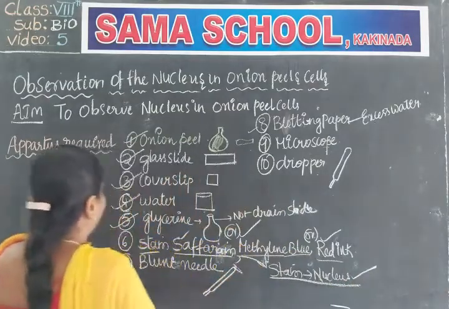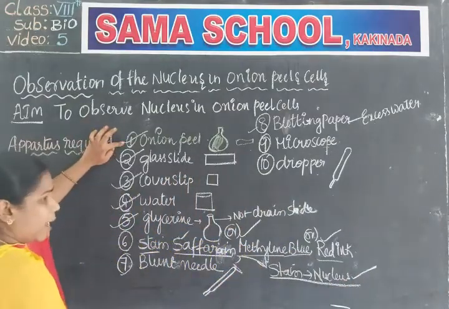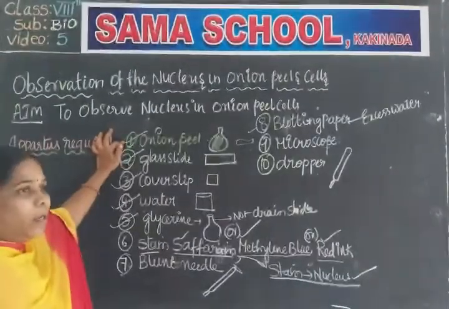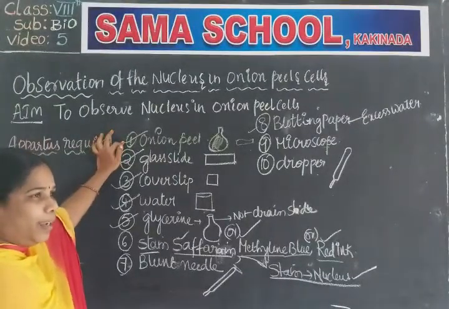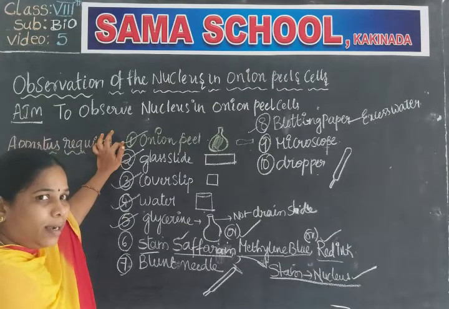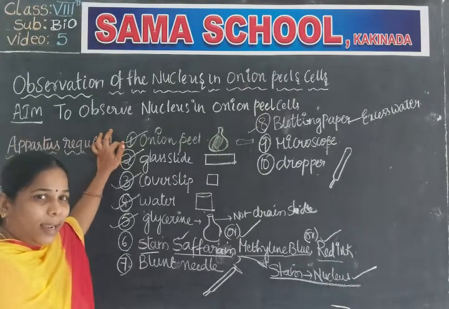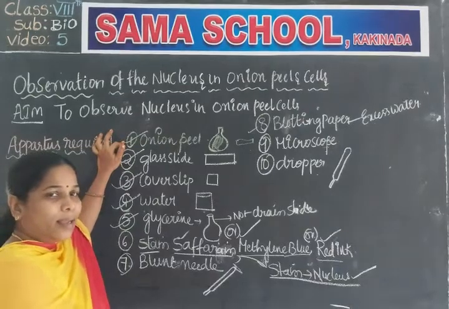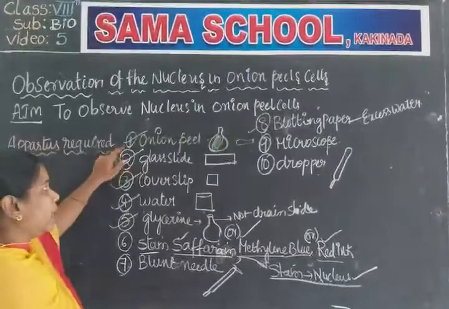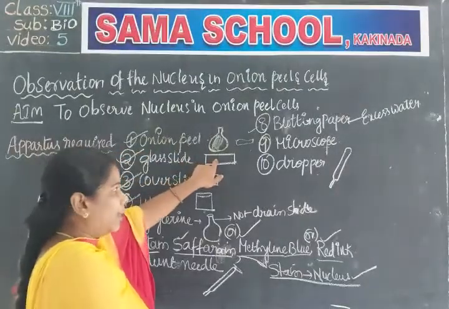So again I want to repeat. We need onion peel. I already said how we will take onion peel. Take the onion bulb, cut one portion, break it, then you will get a translucent layer. Take the translucent layer and this is the onion peel. Then we need a glass slide. We have to place these on the glass slide.